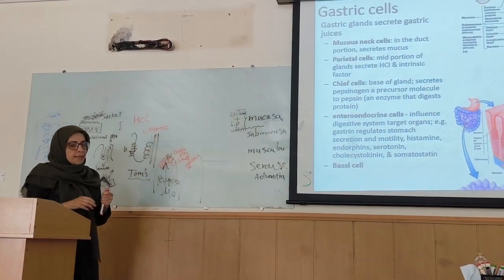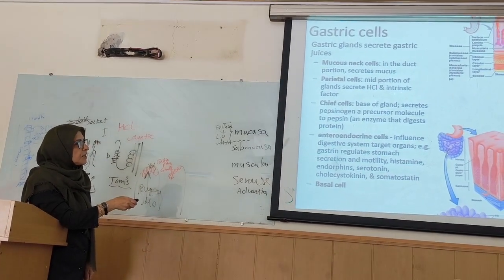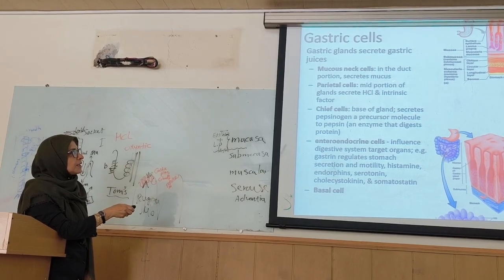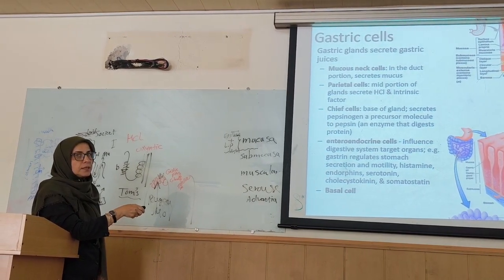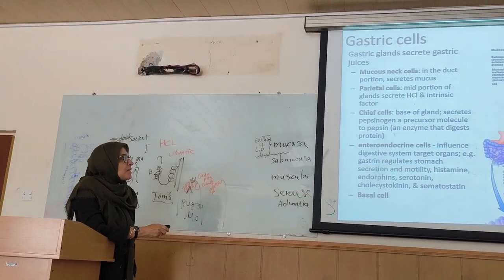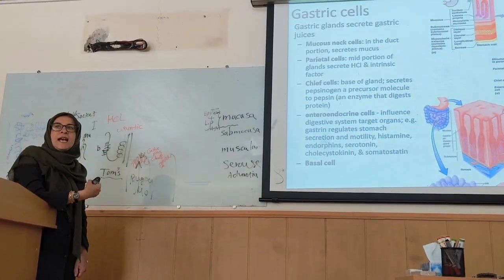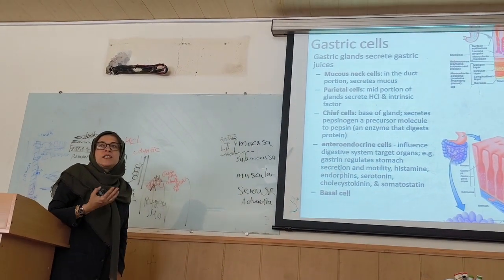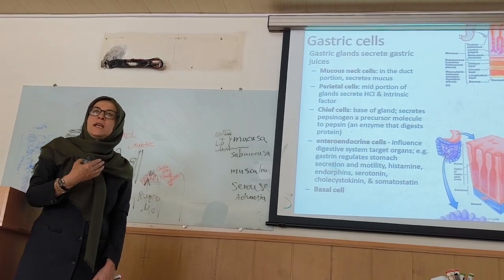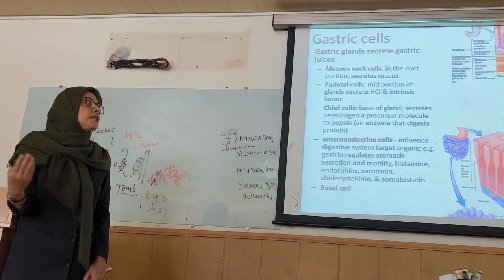They also produce another factor, intrinsic factor. I have a problem with the spelling of these words all the time. This factor is produced by parietal cells and acts in the small intestine, involved in the absorption of vitamin B groups in the small intestine.